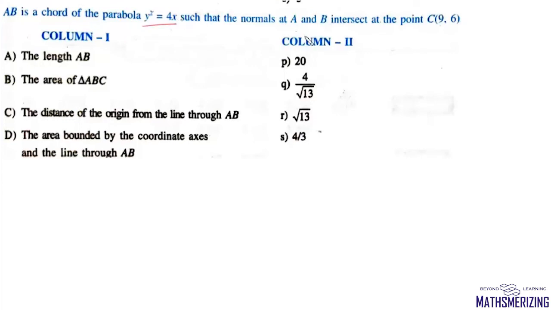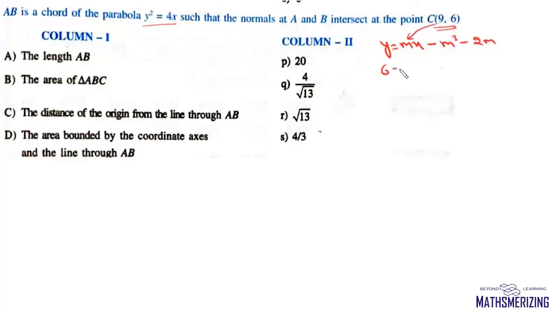Now here the question is AB is the chord of the parabola y square equals 4x such that normals at A and B intersect at a point C 9, 6. So for this parabola, if we write the equation of normal, it'll be y equals mx minus am cube. Now a in this case is 1, so it'll be simply m cube minus 2m. Now it'll pass through this point 9, 6.